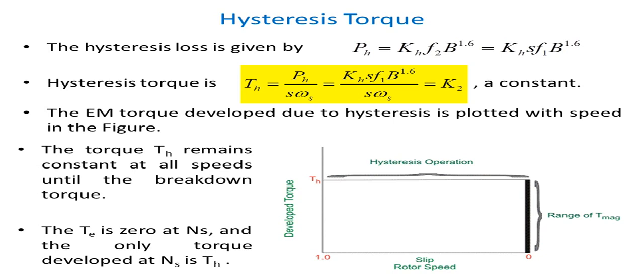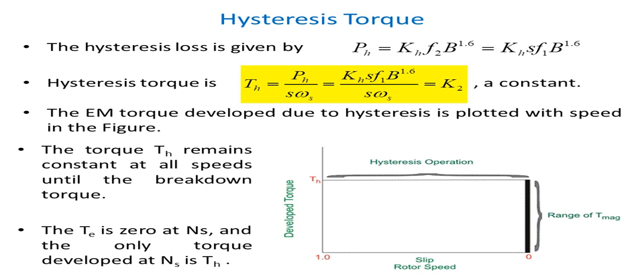The electromagnetic torque developed due to hysteresis is plotted with the speed in the figure shown on this slide. The torque TH remains constant at all speeds until the breakdown torque. The eddy current torque TE is 0 at synchronous speed, and the only torque developed at synchronous speed is the hysteresis torque.